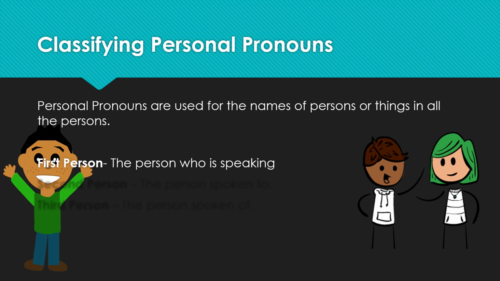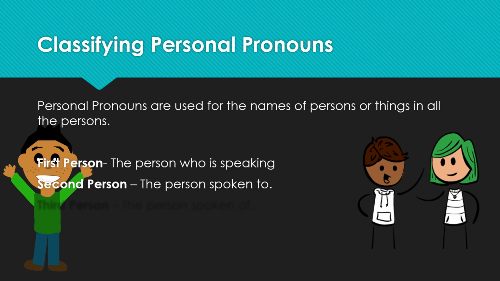First of all, see what the first person is. The first person is the person who is speaking. In a conversation, the person who is speaking is the first person, and the next is the second person. The second person is the person to whom we are speaking. So the first person is who is speaking, and the second is to whom we are speaking.